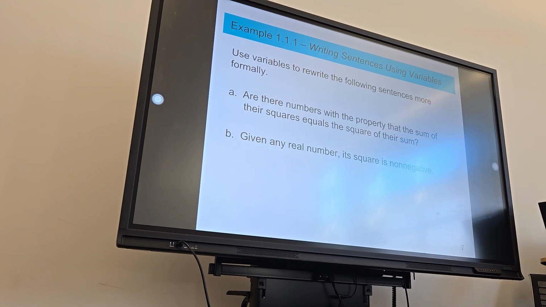So use the example: use variables to rewrite the following sentence more formally. Are there numbers with the property that the sum of their squares equals the square of their sum? Sure.